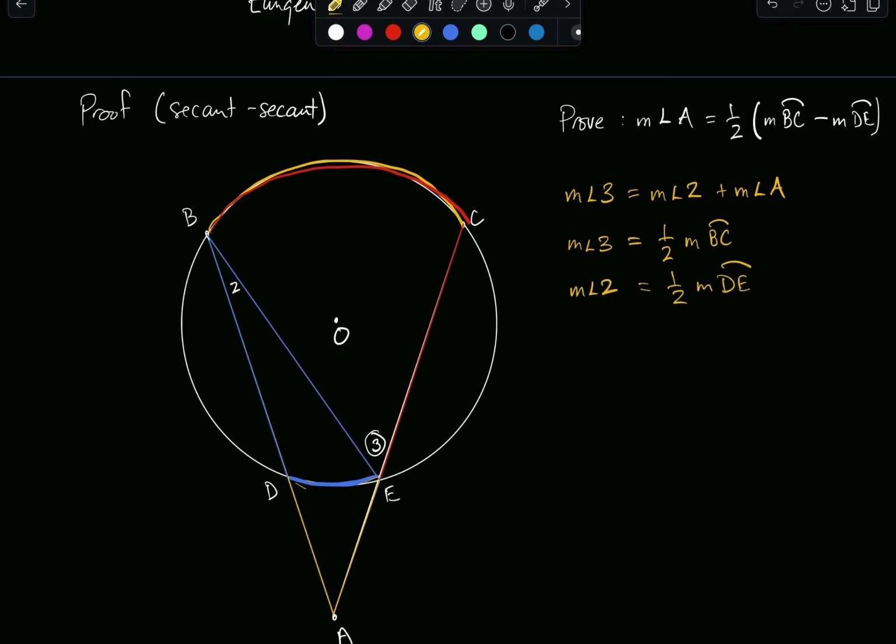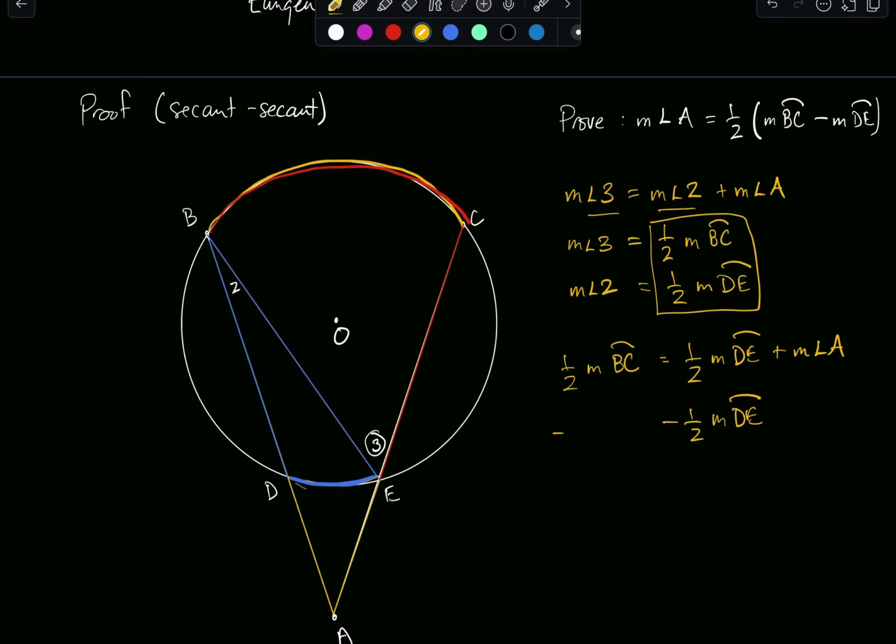So now I'm going to replace these two things with these two things. I'm going to say that 1/2 the measure of BC is equal to 1/2 the measure of DE plus the measure of angle A. Then I'm going to subtract the 1/2 measure of DE from both sides.